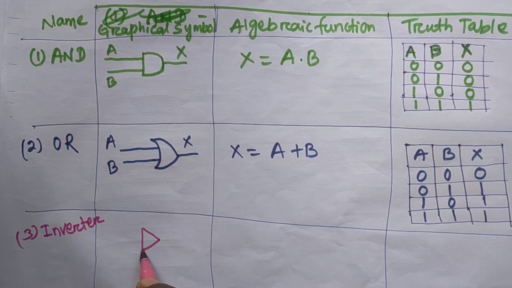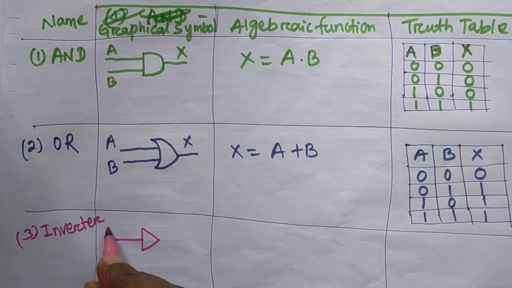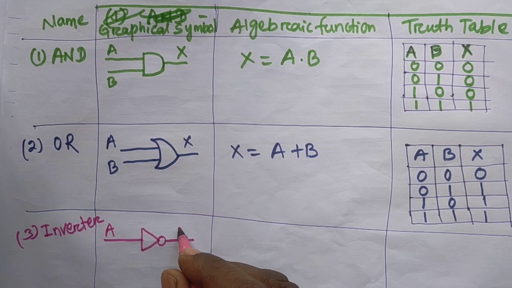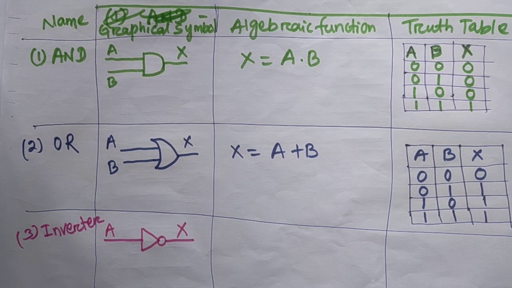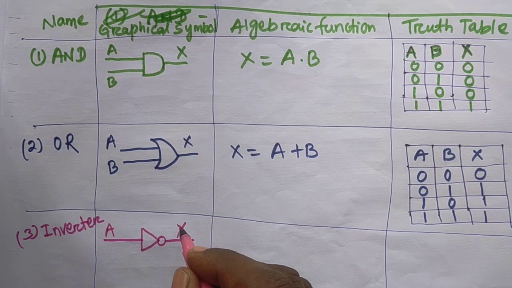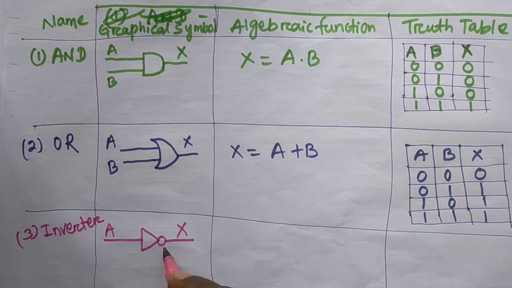Let us consider data A is provided; the symbol of the inverter is like this. It is just the negative of that data. In a very simple way, we can say it is the complement of the data. This symbol is defined as an inverter, the complement of any kind of data.